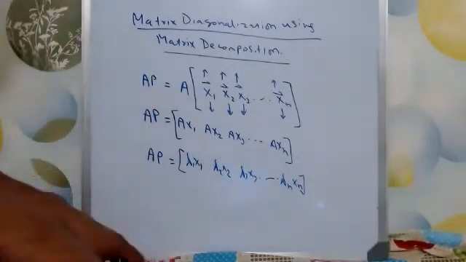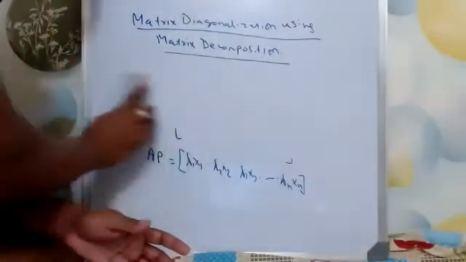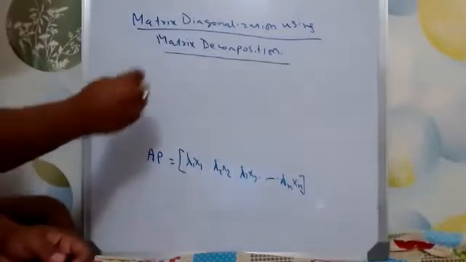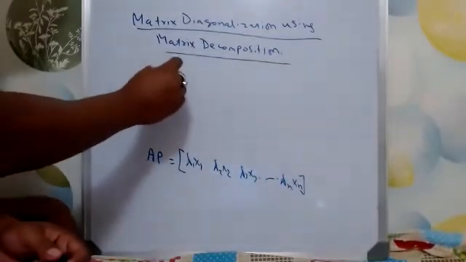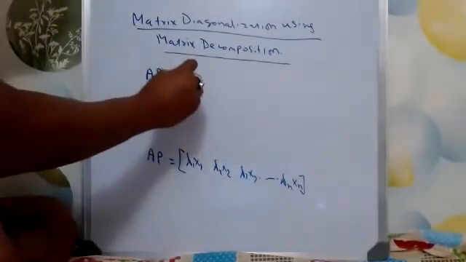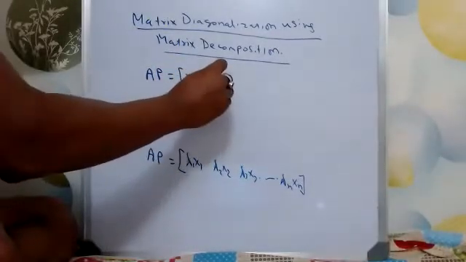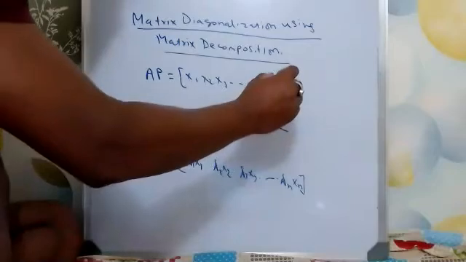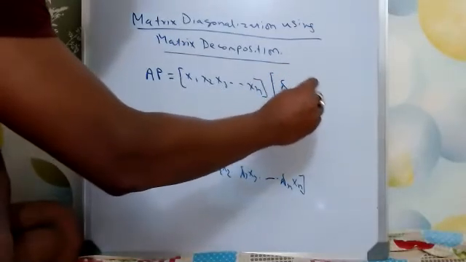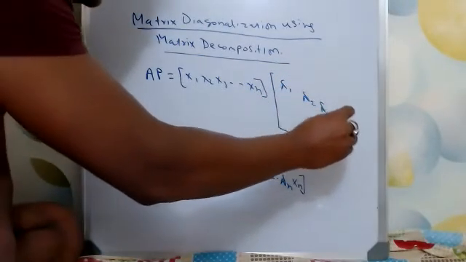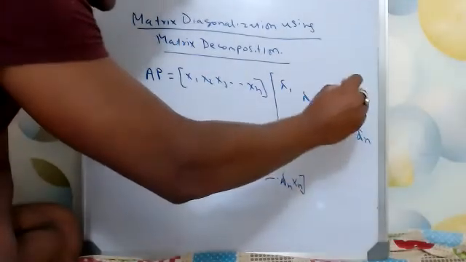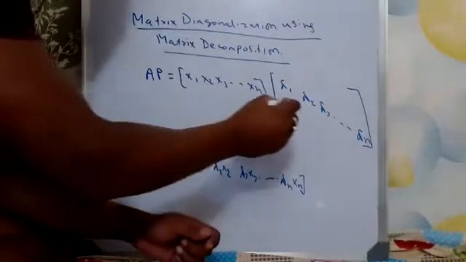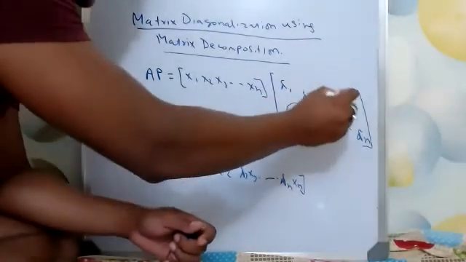Now, as per matrix multiplication, I can write AP is equal to the matrix x1, x2, x3, xn into one diagonal matrix composed of lambda 1, lambda 2, lambda 3 till lambda n, where everything else is 0.